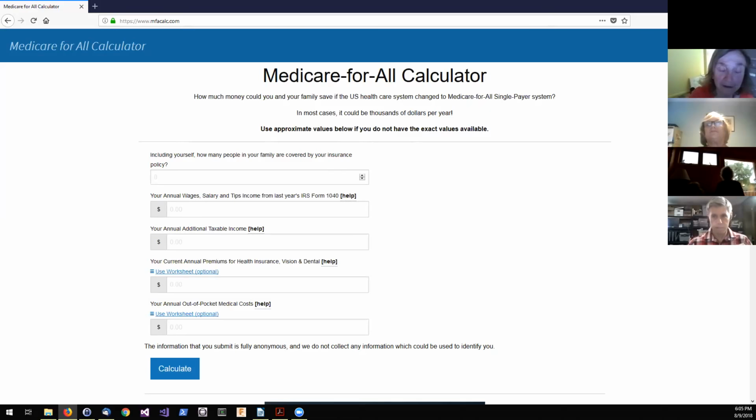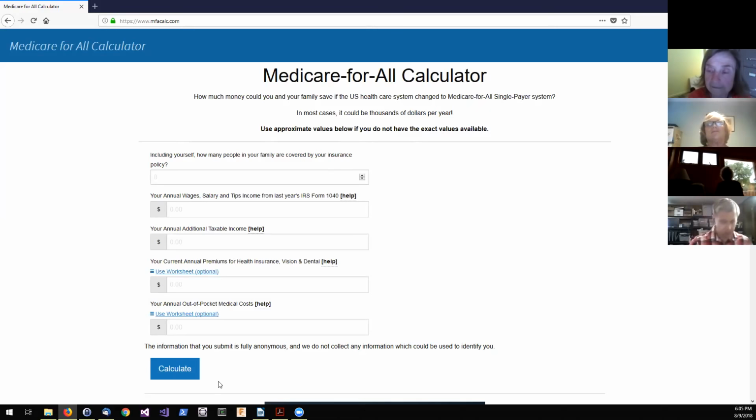Okay. I tell you what's below? No. I think I got it. Okay, so can you see the calculate button down at the bottom? Yes. Okay, good. That's the important thing.